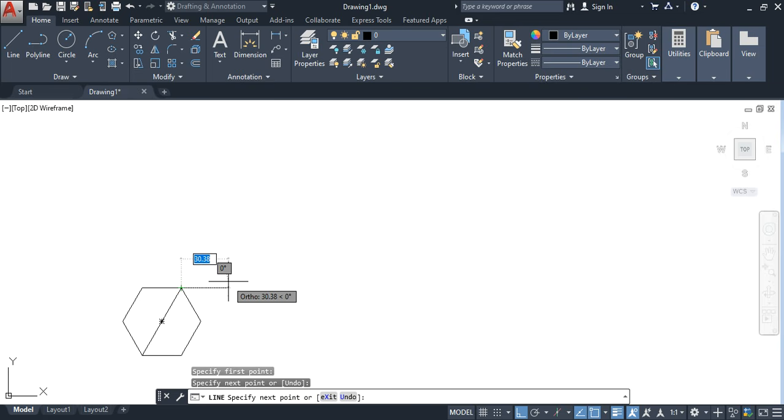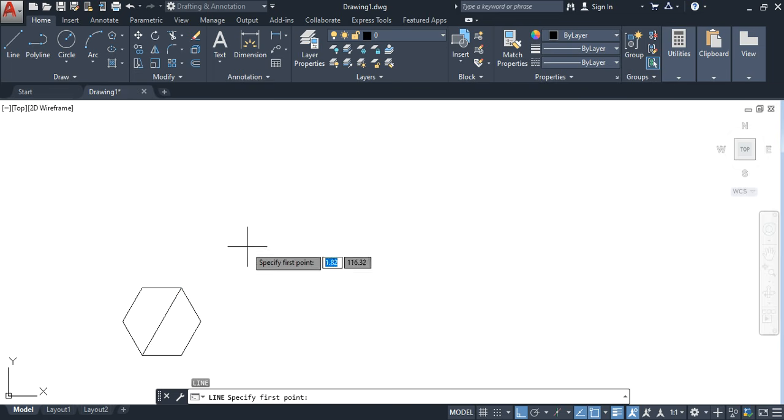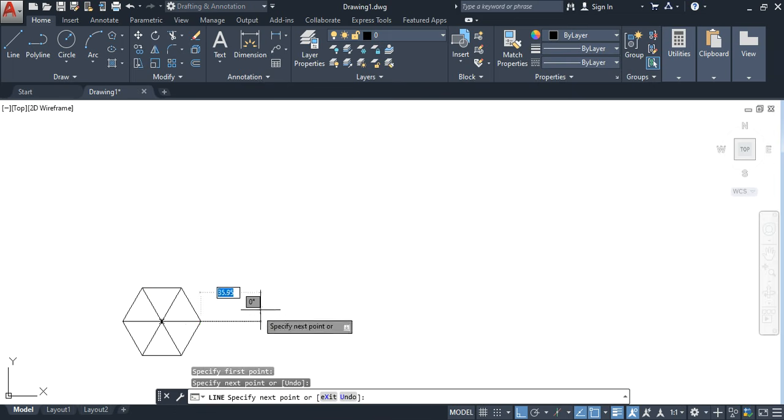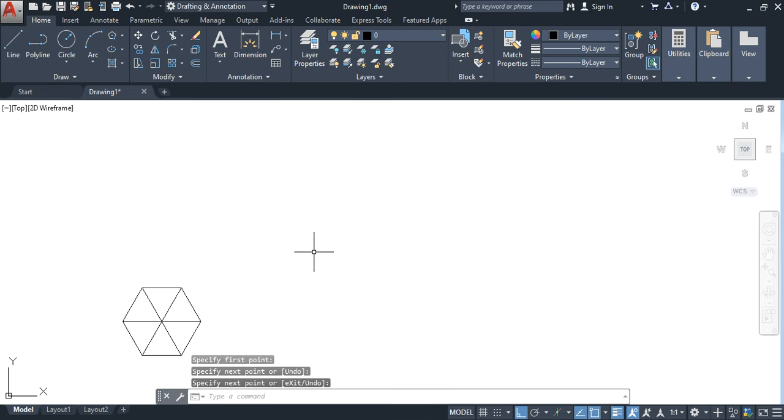To draw that, we'll just join the opposite corners, because when you see from the top, we'll see these triangular surfaces. So we will join opposite corners of this hexagon. Yes, so we have drawn this hexagon as the top view, and we have to draw the front view also.